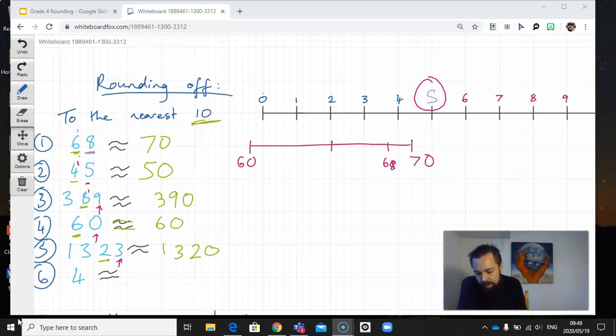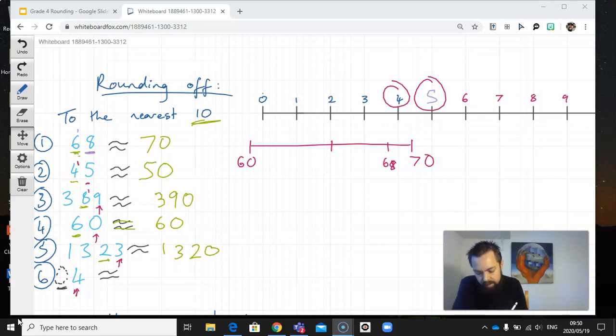And finally, again, this is a type that often confuses people, and that's when you get a number that doesn't have the tens. So if I look at this, my tens is over there. You can think of it as a ghost 0 for now. And what that means is I'll look at my units. 4 is going to go down, not up, because 4 is closer to the 0, the beginning.